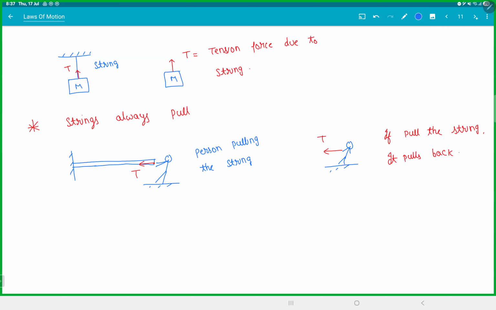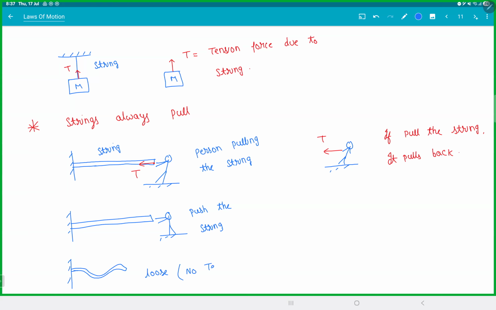Same thing, if you try to push the string, the string will simply become loose actually. There is no tension. So strings can never push you, they will always pull.